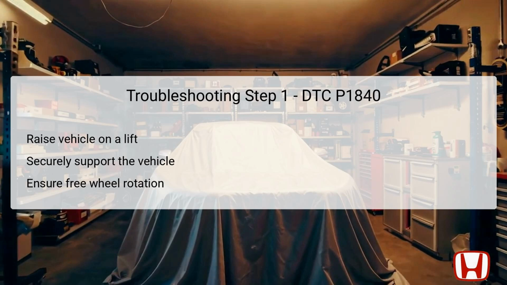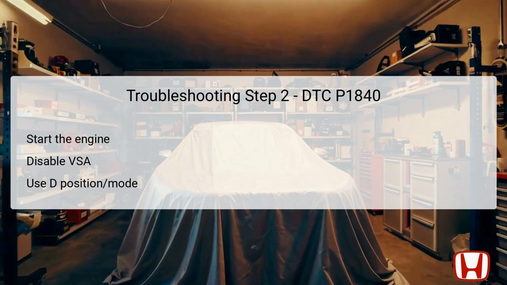This preliminary inspection lays the foundation for further diagnostic steps by ensuring the vehicle is in the correct position for performing tests. Properly preparing the vehicle is vital to obtaining correct diagnostic results and ensuring safety during the inspection process.